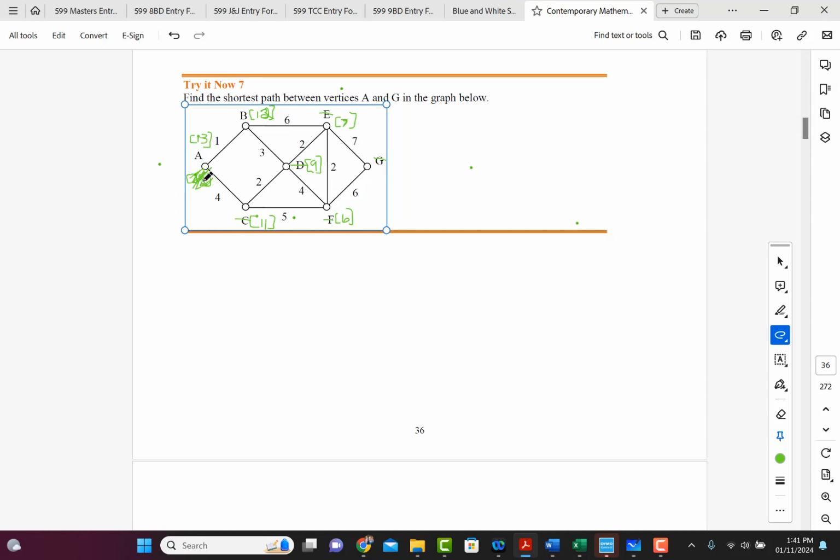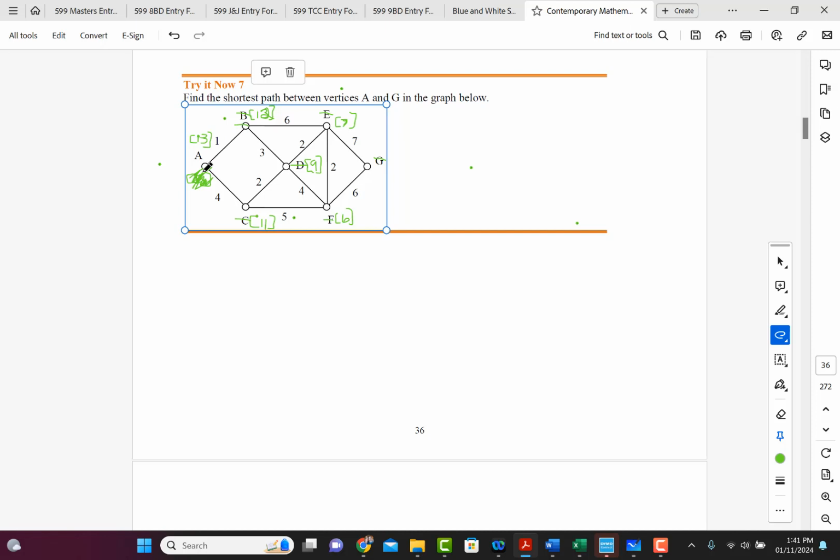Okay, so we replace the 15 with the 13. And so now B is marked as visited, and we're done.